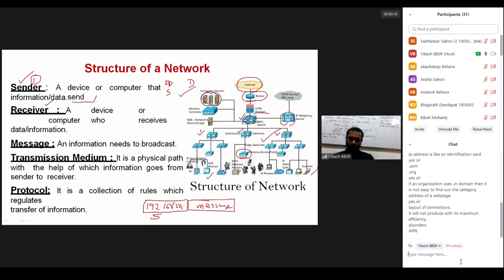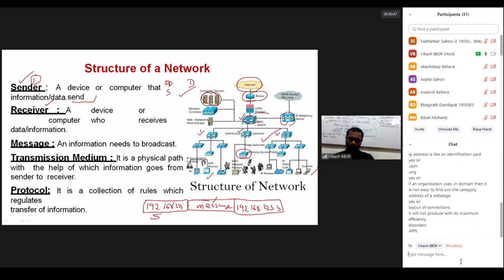And the text, image, video, audio, that is in the form of a message. This is here, and this is sent to the receiver. And here the receiver IP address is written, 122.168.225.5.